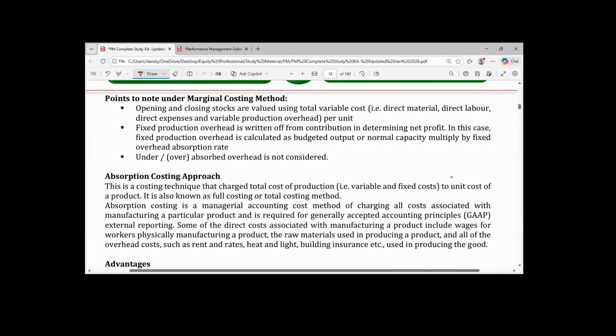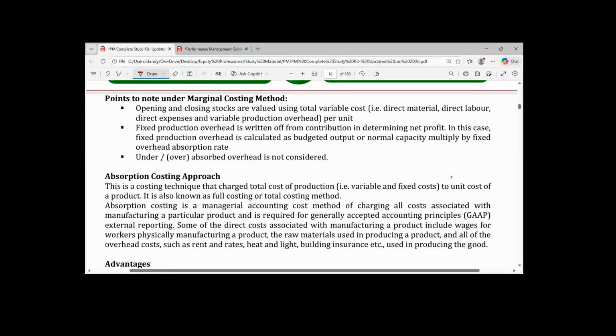Point number three, the absorption costing method uses gross profit, unlike the marginal costing method that uses the contribution margin. The last point is that absorption costing recognizes overhead absorption. These are the 4 points we mentioned under the absorption costing approach.